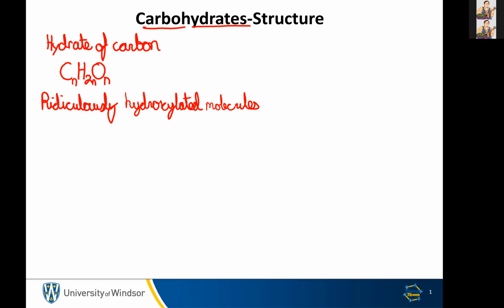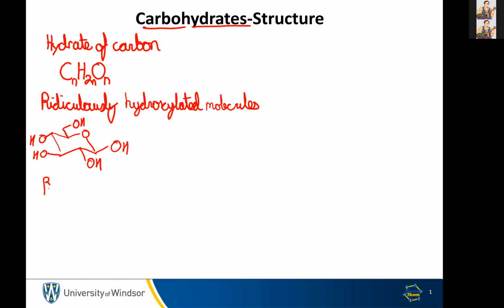So when we're thinking about this, I am just going to draw beta D glucose. Again, you don't need to memorize the structures of any of these things. You can look them up.